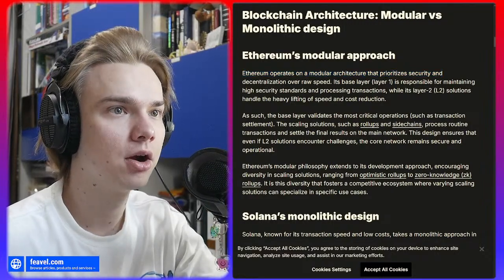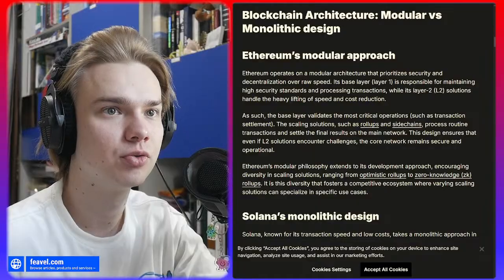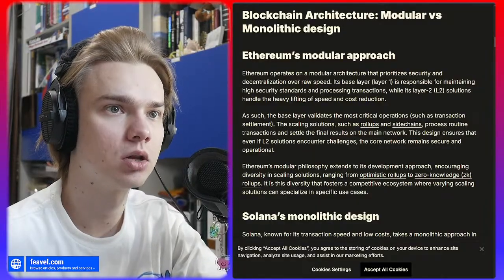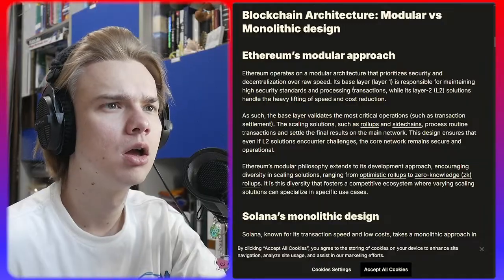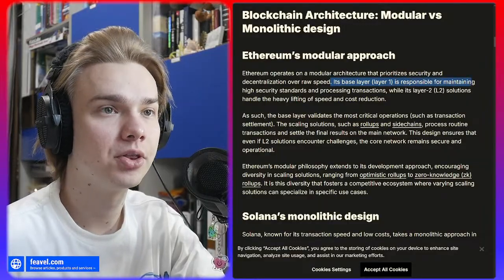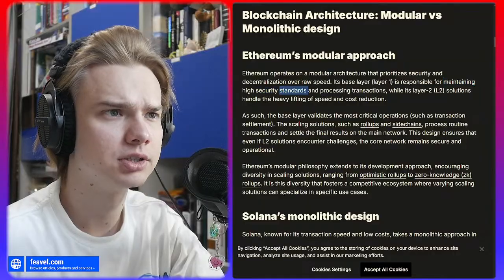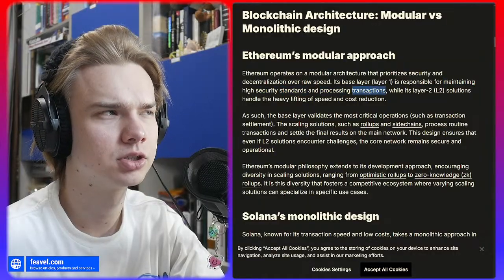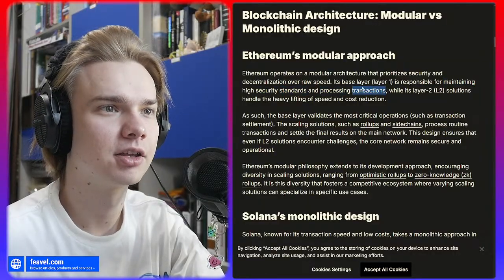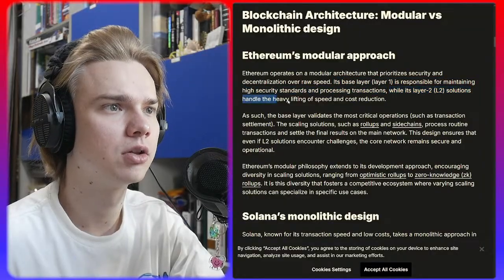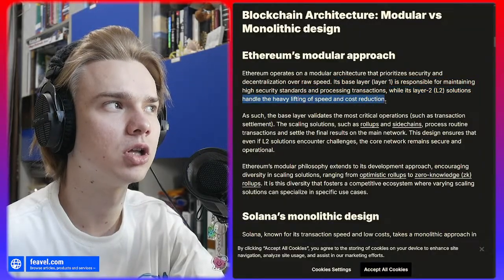Its base layer 1 is responsible for maintaining high security standards and processing transactions. Like, it gives no information whatsoever, while its layer 2 solutions handle the heavy lifting of speed and cost reduction.